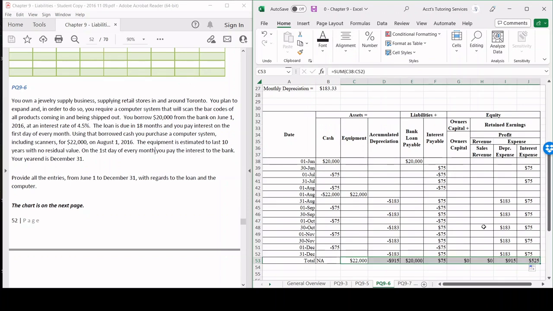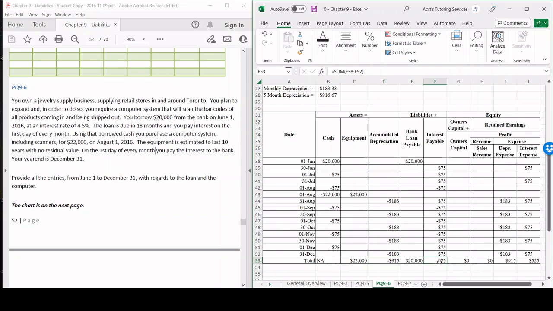So I'm just going to drag this across. As you can see, our cumulative depreciation for 1, 2, 3, 4, 5 months is 915. So if we do 5-month depreciation, it's going to be 183.33 times 5. 915 is just a rounding error. That's fine.